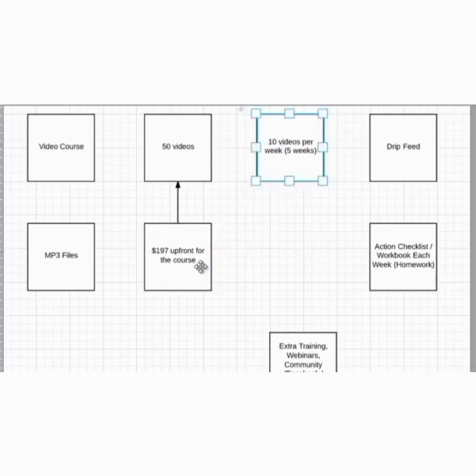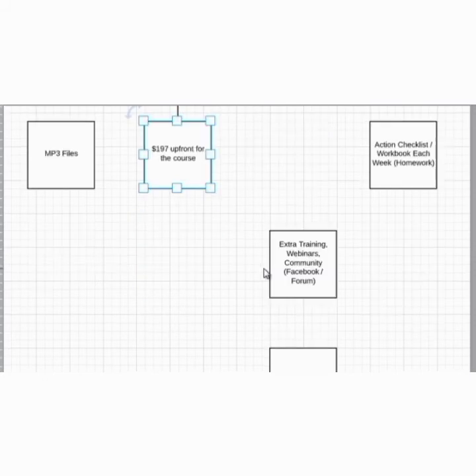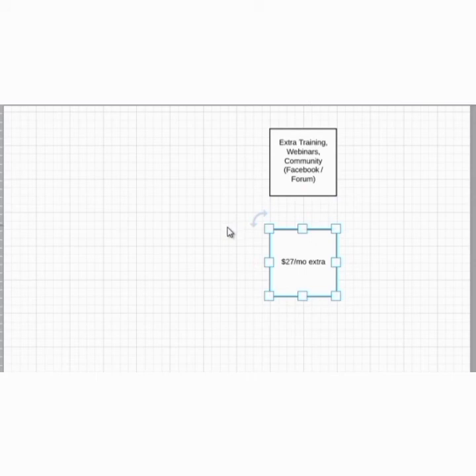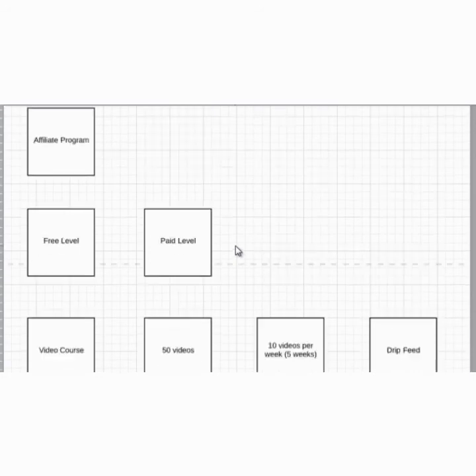And then after they pay that, they are going to have an upsell that says, hey, would you like to join to get extra training, extra webinars, and join the community so that you're not ever left in the dark? All right. So there you go. I have essentially created a membership site.